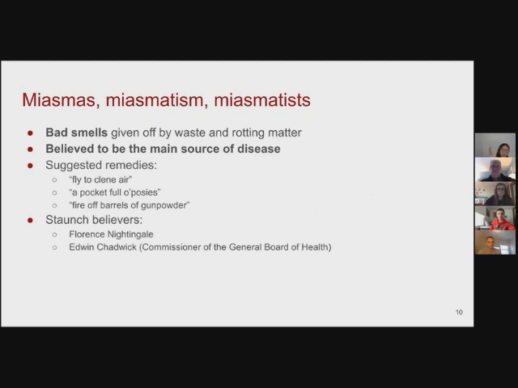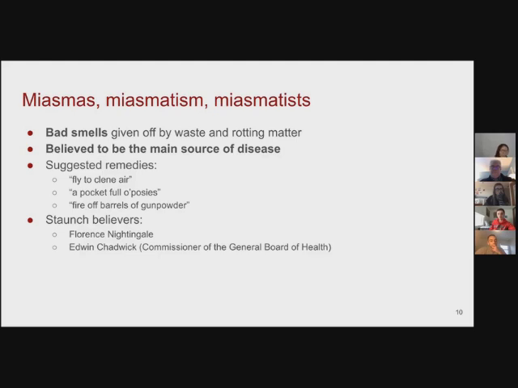It came and went. Usually in a year, it started somewhere not in London or not in Europe, like Asia, then slowly advanced through Asia to Europe, and eventually in London it could get really bad. So people at the beginning, even medical people like Florence Nightingale and Edwin Chadwick, who was the commissioner of the General Board of Health, thought the main source of the disease was really just the bad smells that people were observing, okay?